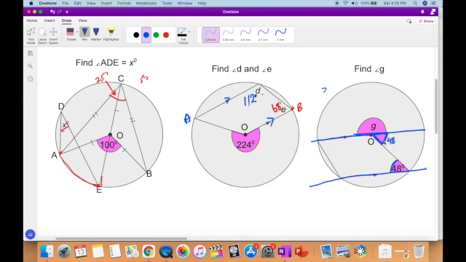Because this is 48, that means O will be 180 minus 48, which is 132.